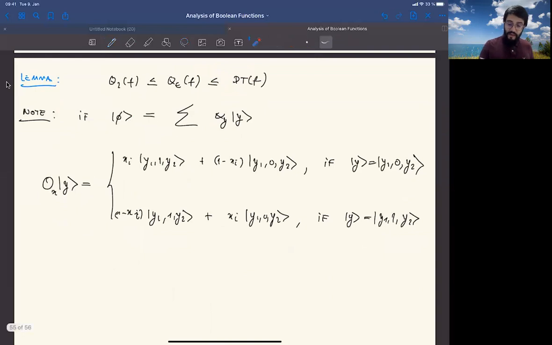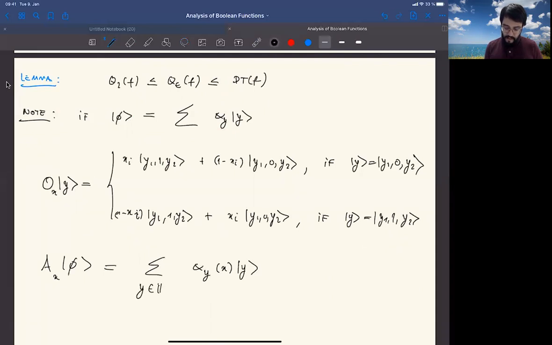And so if you iterate that, you will realize that A applied to phi, as we saw, can be split in this way, with coefficients depending on x.